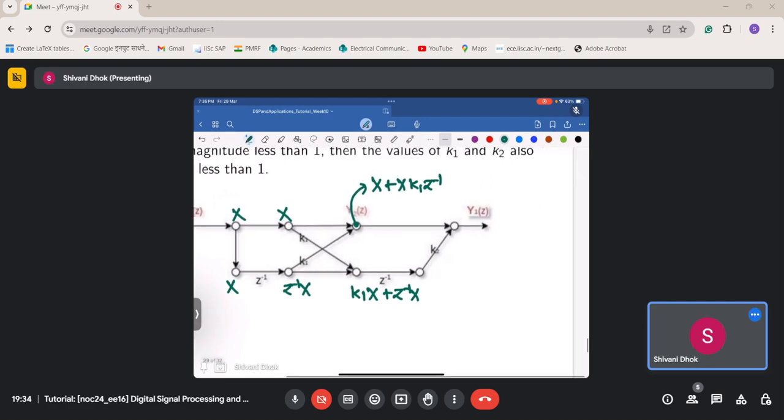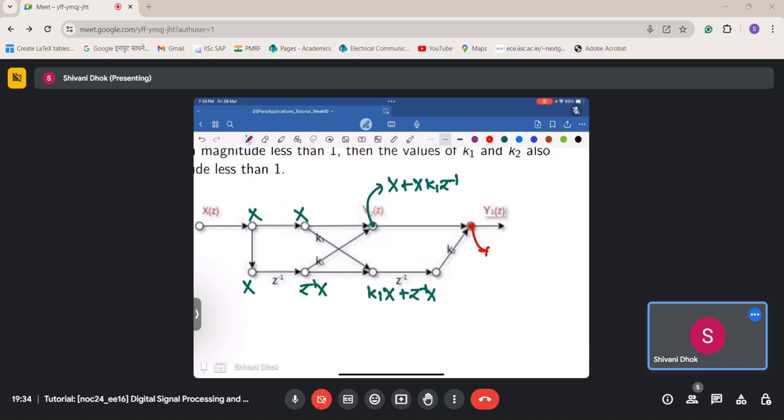So now at this particular location we have this y2 of z coming as it is, so that will be x plus x into k1 z inverse, plus I am having another branch which is this one. So at this location I am having this signal. So now I'll have z inverse multiplied by this quantity multiplied by k2. So I'll have z inverse into k2 multiplied by k1x plus z inverse x.